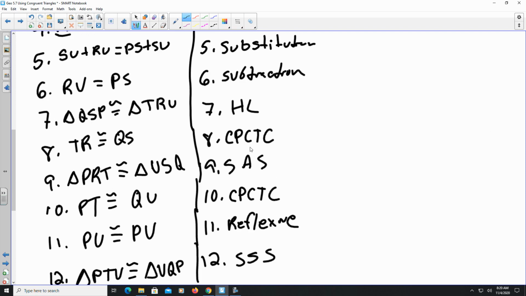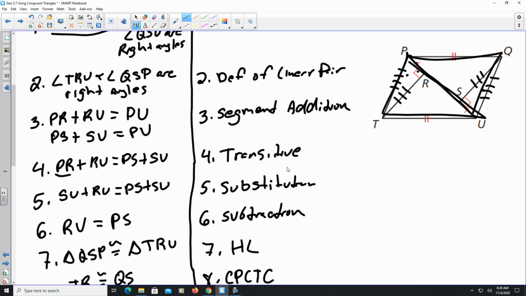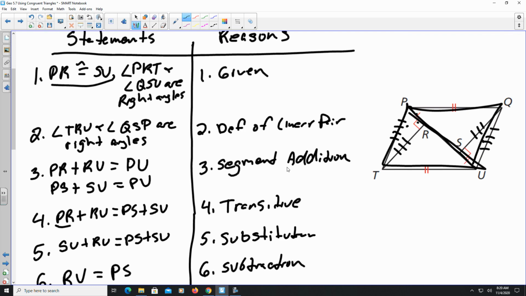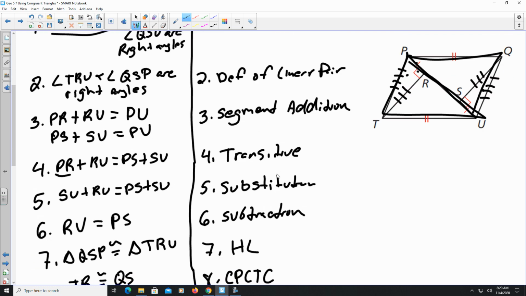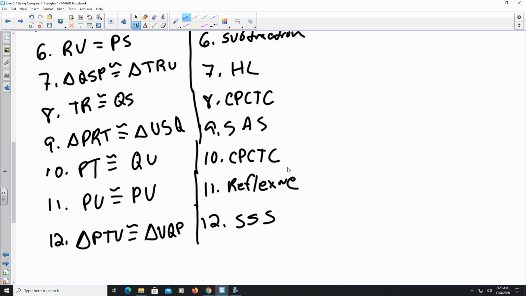Again, like I said, it's a long proof, but if you break it down, it's a bunch of properties and a bunch of statements that we've made before in other proofs, and that is being able to use congruent triangles.